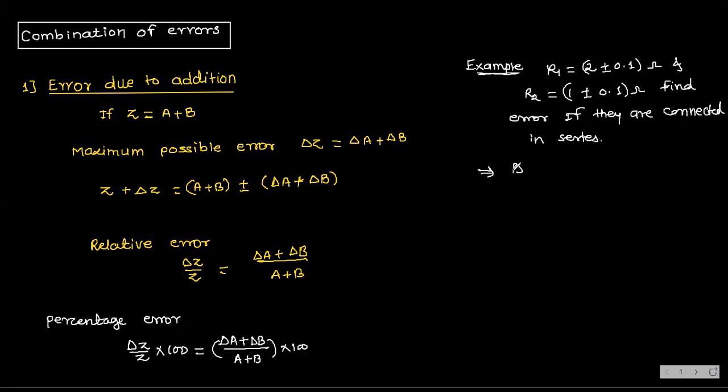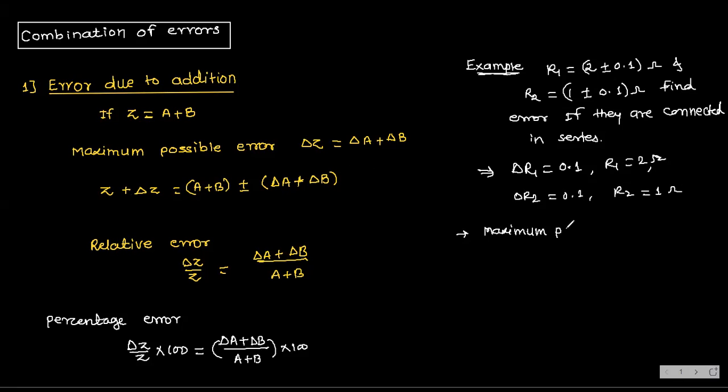See here, delta R1 is what here? 0.1. Okay, R1 is what? 2. Next, delta R2 is what? 0.1 only. R2 is what? 1 ohm. Okay, yes. Now first what you want? Maximum possible error you have to find. So first I am finding maximum possible error.